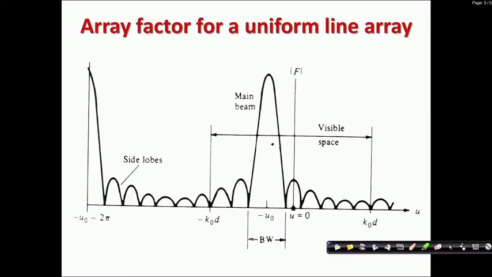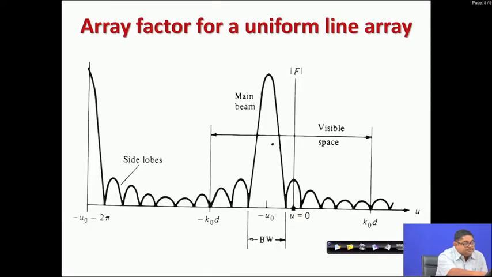That was my first professional assignment after passing out, and we have a publication from there. In this figure, the visible space is k0d to minus k0d, which is this value.